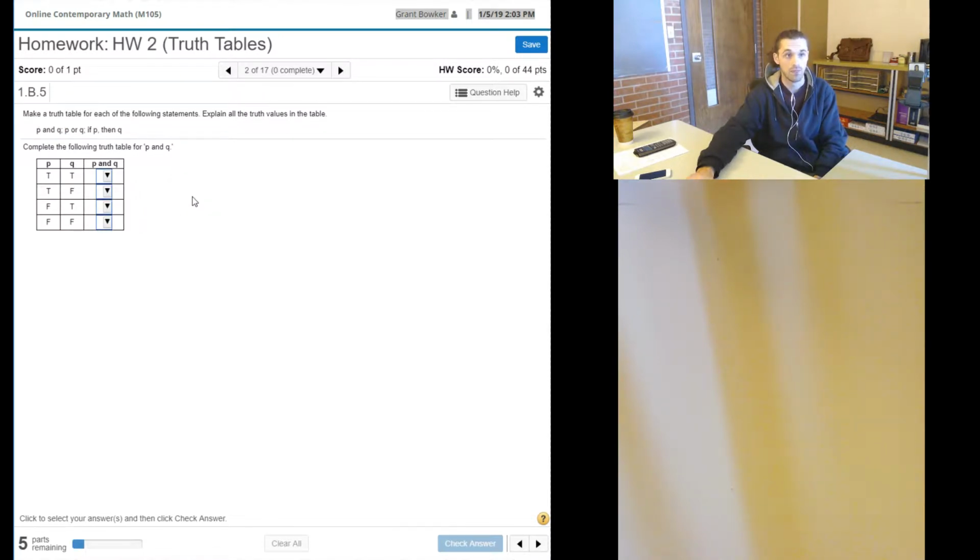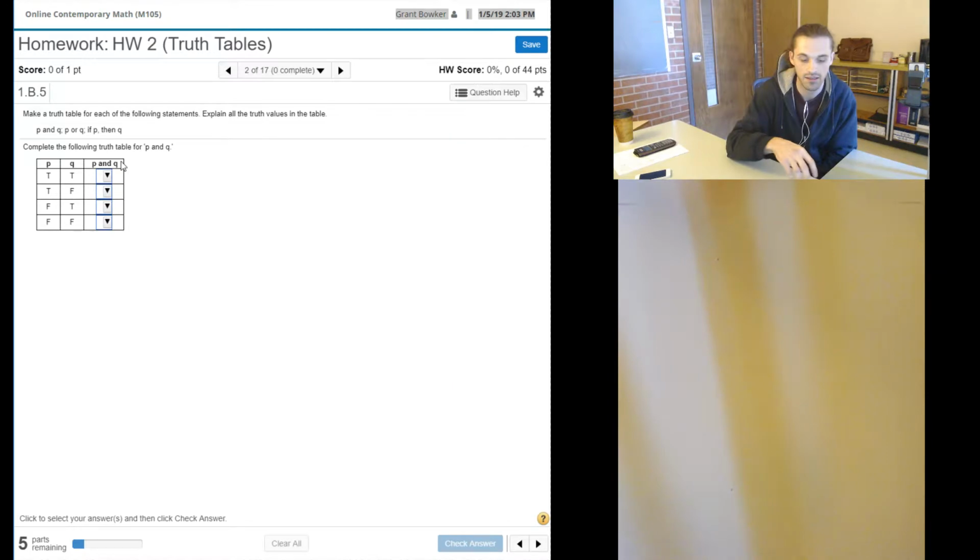Well, an and statement is true if both pieces are true. It's very similar to the way we speak. The thing to focus on is an and statement is true if both pieces of that and statement are true. Otherwise, it's false, which makes sense.